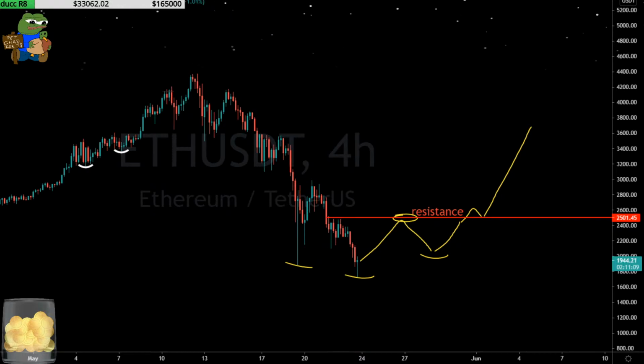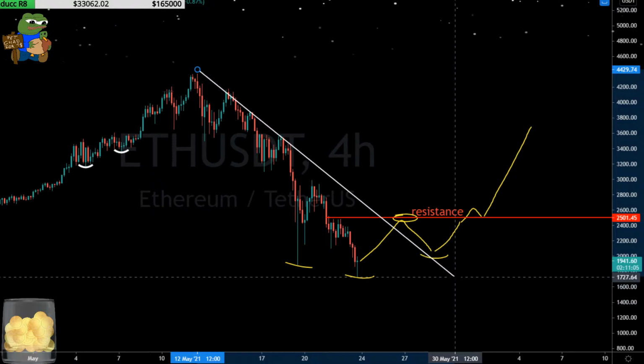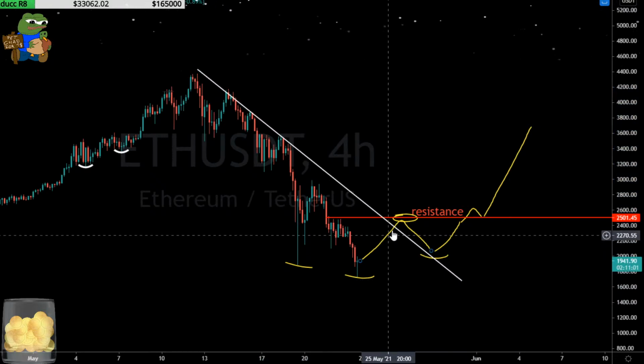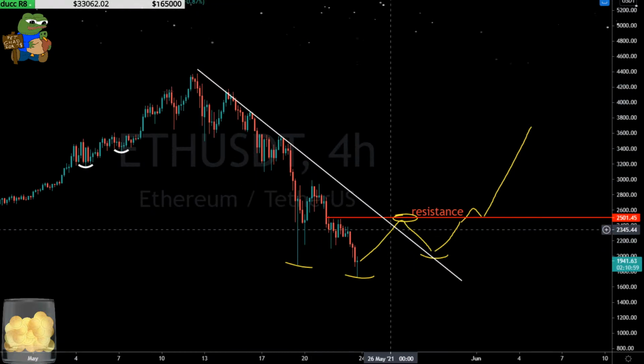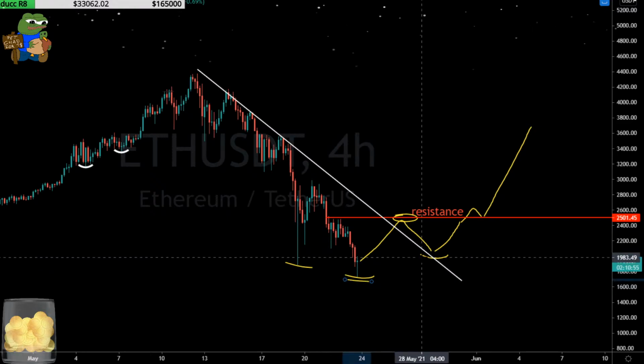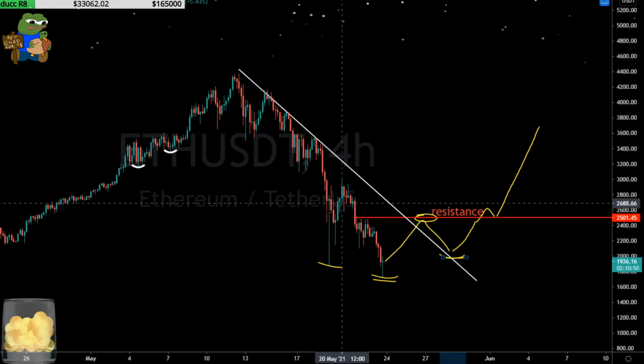Okay, at some point, ideally, hopefully, this paints some kind of structure here as well, right? Maybe that's where you break out and back test this downsloping trend line. You put in these lows, you get the 2 feet of the dragon.